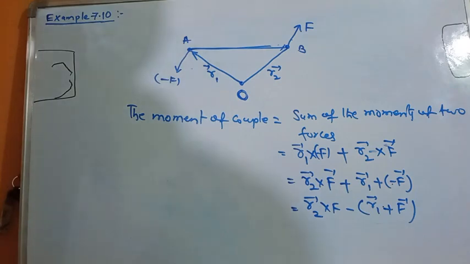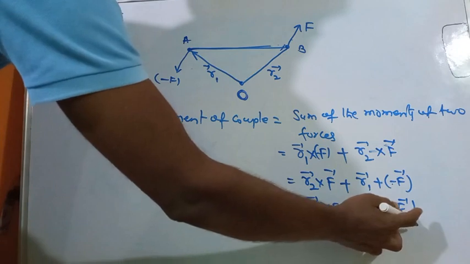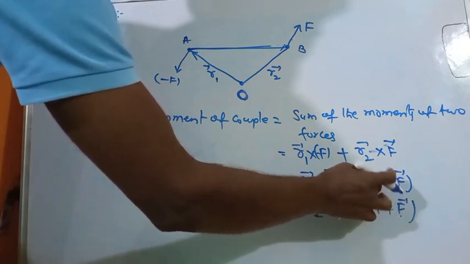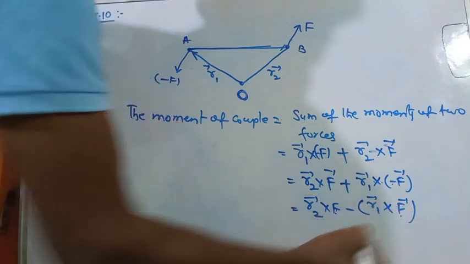Then here this is R cross, this is R cross, it is also R cross.